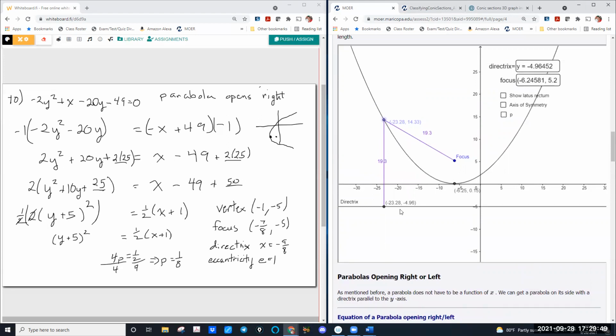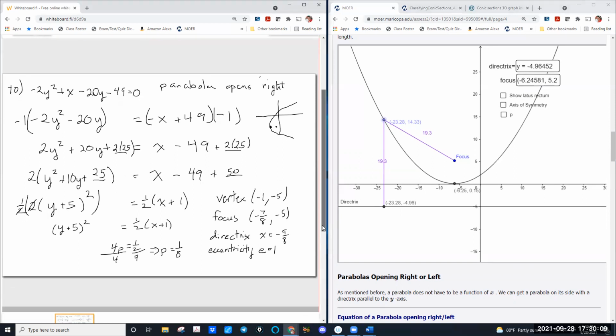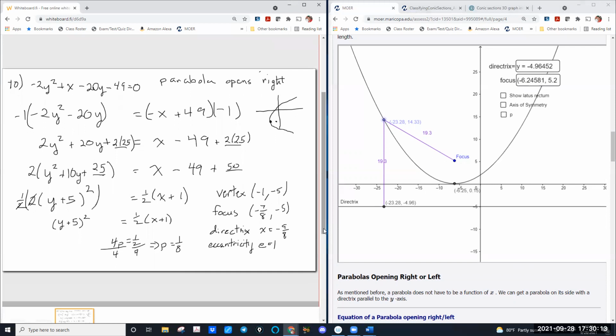And so when we're going to do a hyperbola next, we'll explore how the eccentricity changes as we change a hyperbola. But the eccentricity gives us information about how curved a hyperbola or an ellipse is. So an eccentricity doesn't give us information about a parabola or a circle.